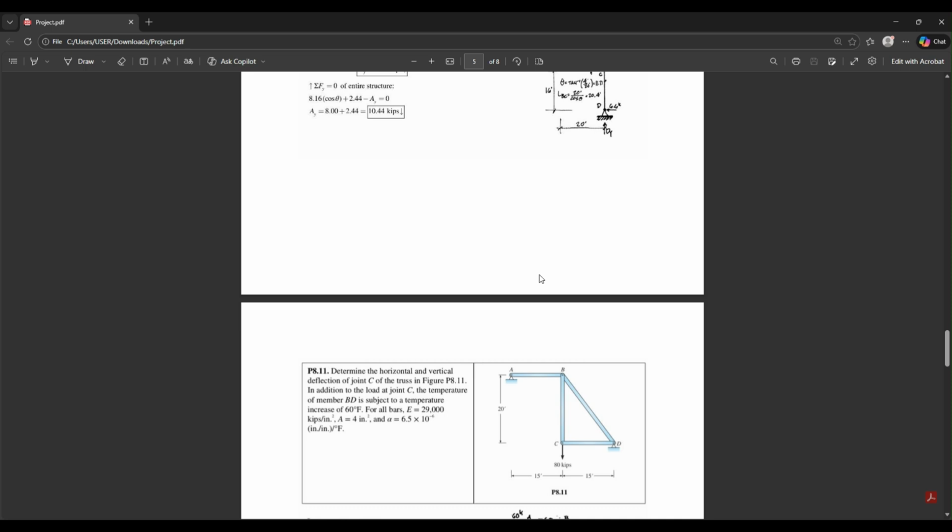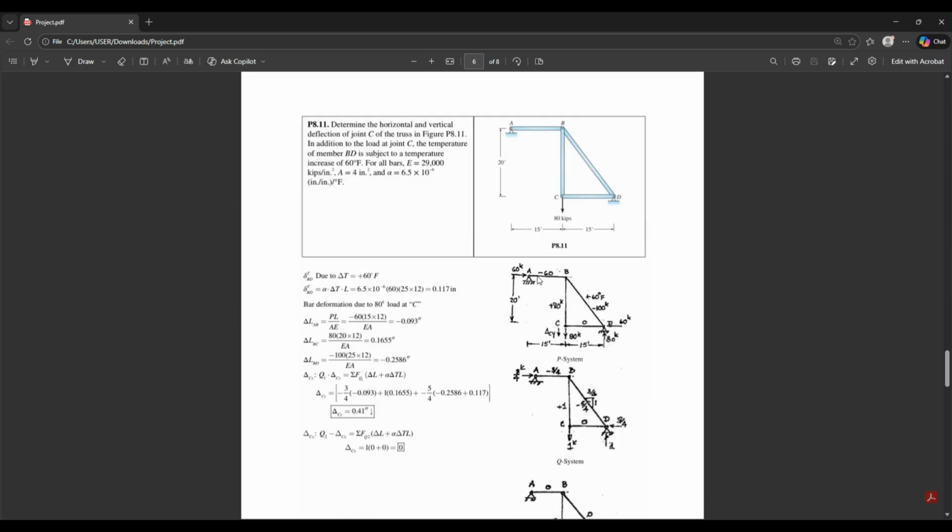So for this problem, it indicates a new function, which is the temperature change. At first, we need to input all the data that we have, and then I will explain this function when I reach it.